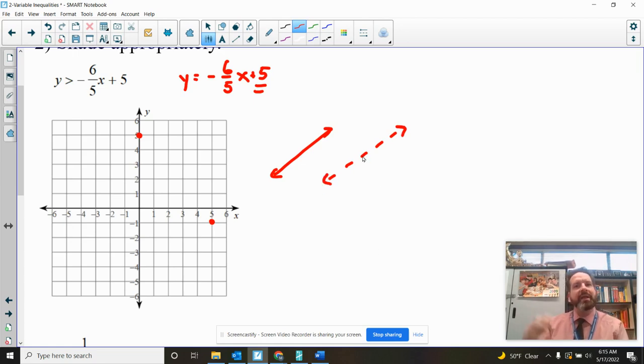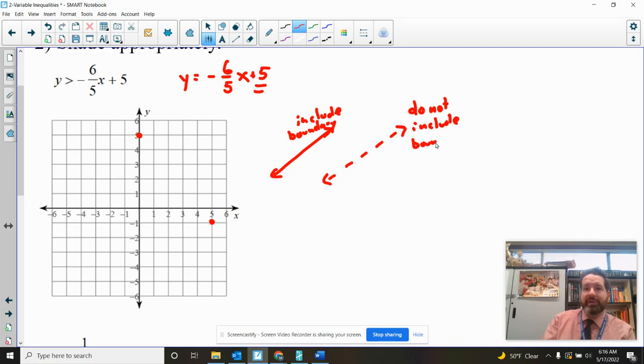This says, hey, I want to come right up to this edge, but I don't want to include the edge. And so this is the difference. When you have the solid line, you are saying, I want to include the boundary. But when you have the dashed line, we're saying, hey, I do not want to include the actual boundary line itself.